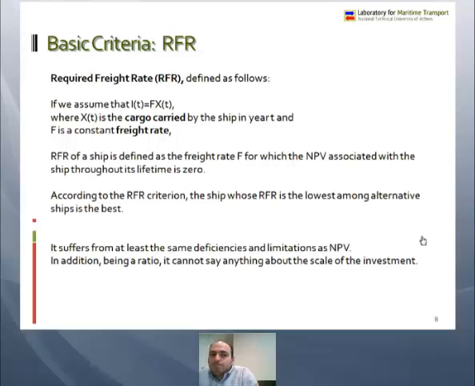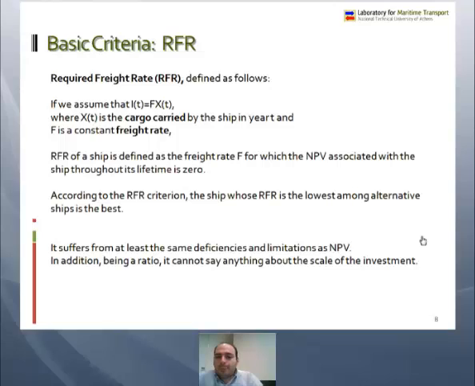And this is mostly the criterion that we use, the required freight rate, which is defined as follows. We assume that the income of the vessel is equal to the cargo carried multiplied with a constant freight rate. I know that the freight rate is not constant, but that's what we assume. It can be the average over the lifetime of the vessel.